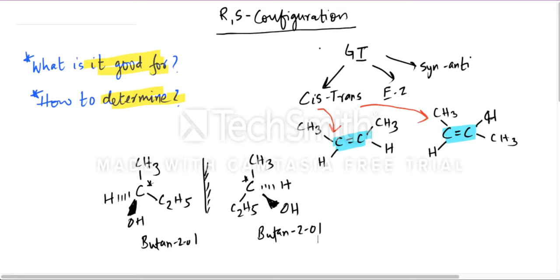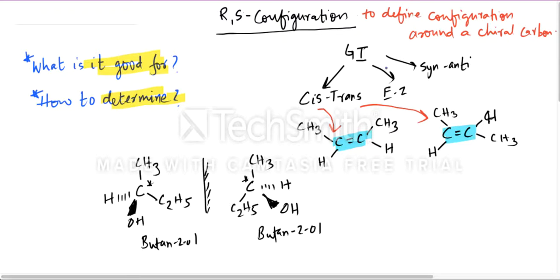RS configuration is used to define the configuration or arrangement of atoms around a chiral carbon.